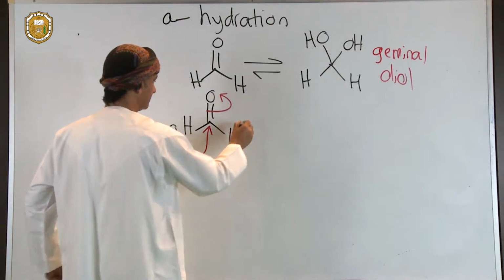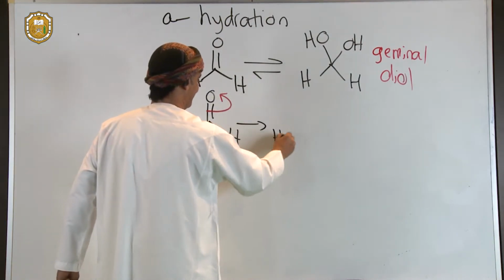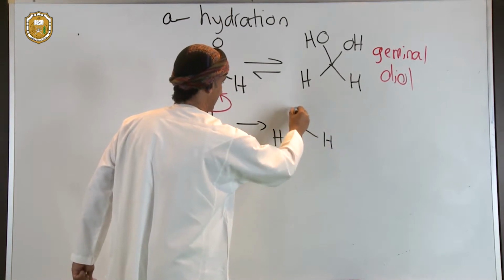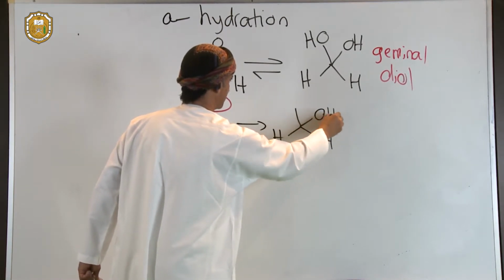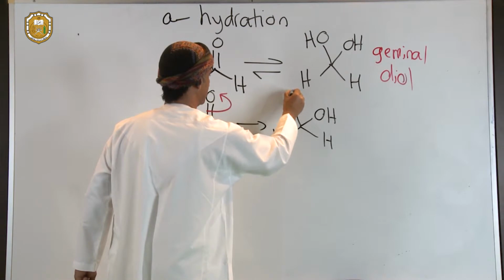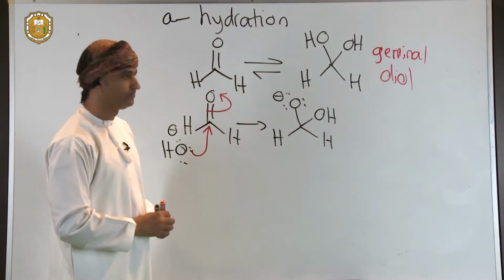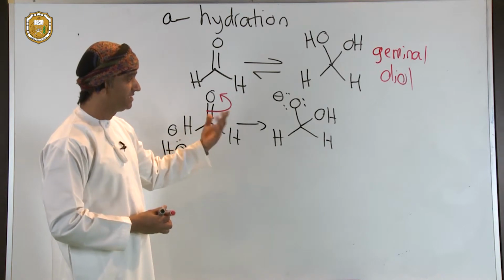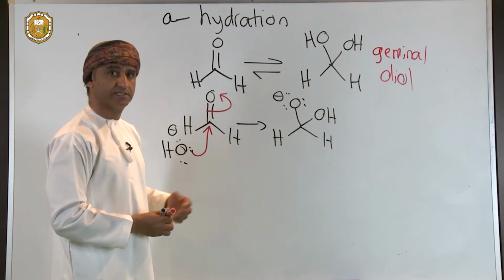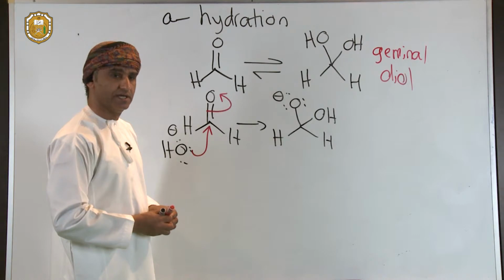If that happens, we get something like that as a product. So that's the hydroxyl group which has attacked in the nucleophilic addition reaction. This intermediate alkoxide gets protonated in a subsequent step.